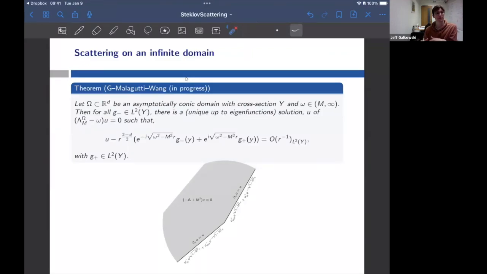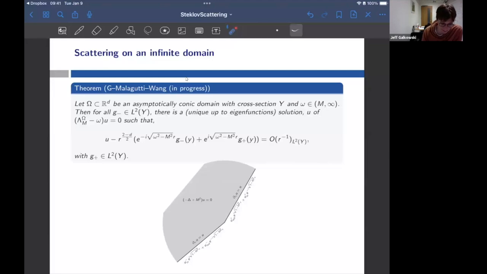And you can solve the problem lambda m minus omega u is 0 with that prescribed incoming data. And there's a unique outgoing data, okay? So, okay, the actual solution is unique up to eigenfunctions, but the eigenfunctions turn out to decay super polynomially as you go to infinity. So this lets you define the scattering matrix at any energy, right?